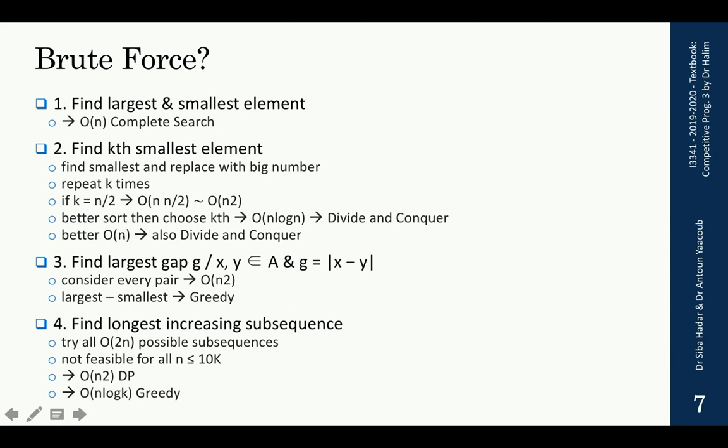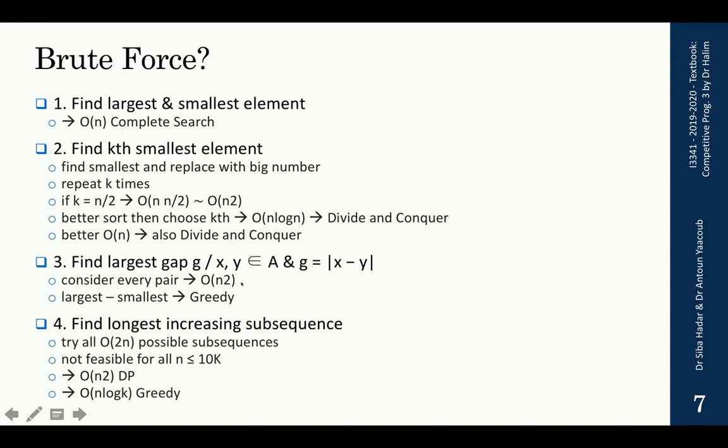of better complexities. For the third kind of problem, if you consider taking each and every pair inside the array and computing the absolute value of the difference, this is the brute force. Is this a feasible solution?